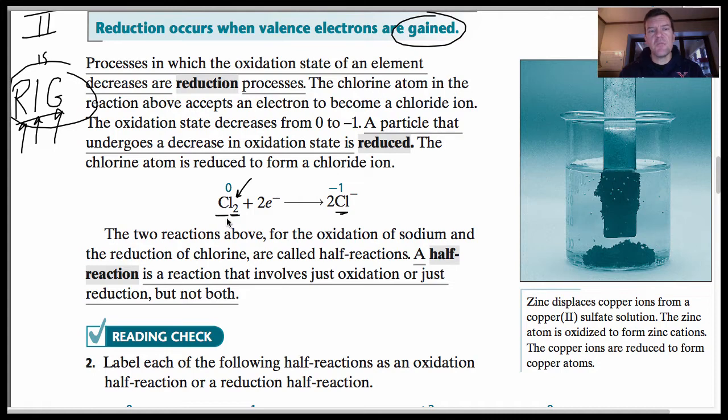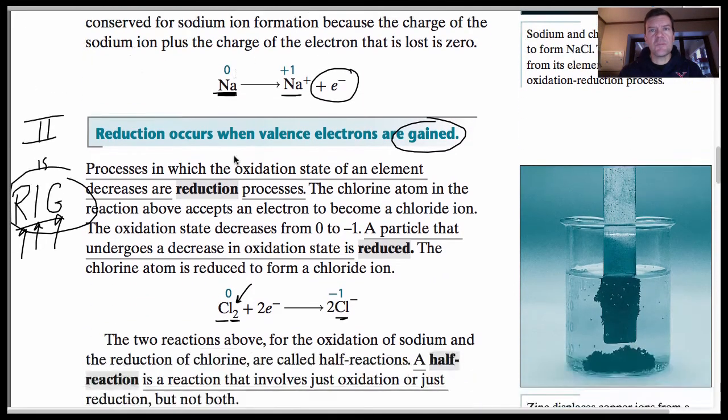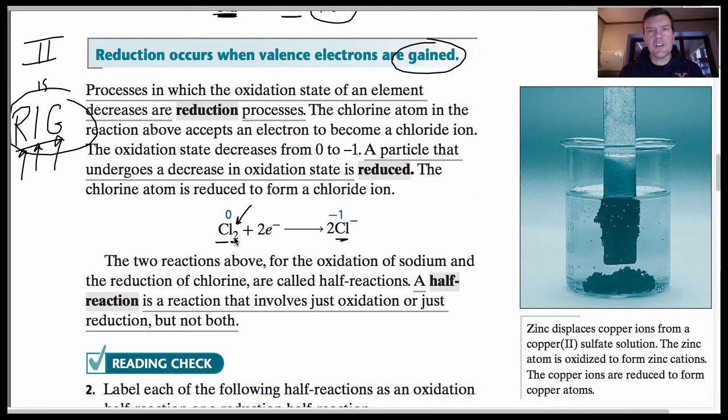The idea here is that it's going from 0 to -1, so each chlorine atom is gaining one electron. Because the sodium lost it, the chlorine atoms are picking them up. How do we know that? It went from 0 down to -1. How does it become more negative? By gaining negative electrons.